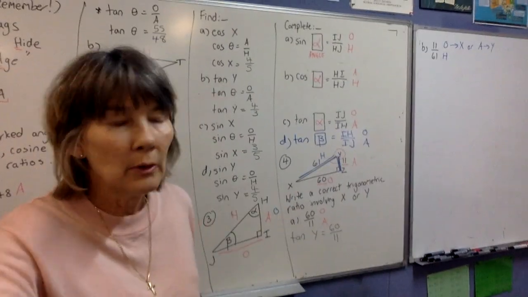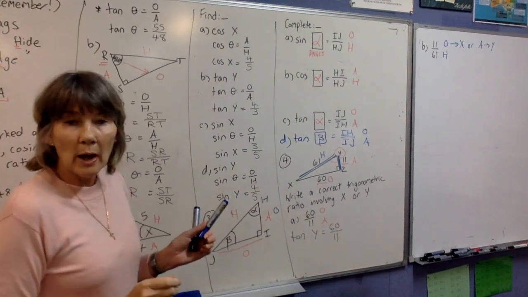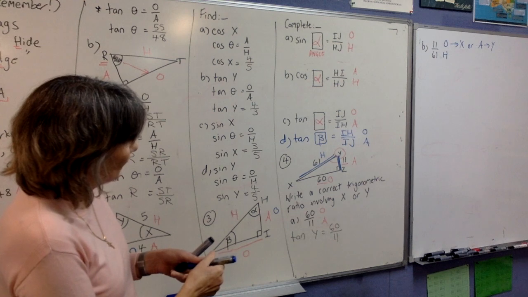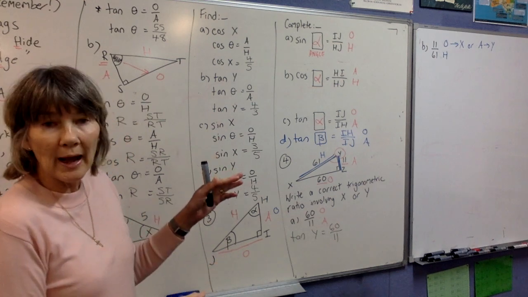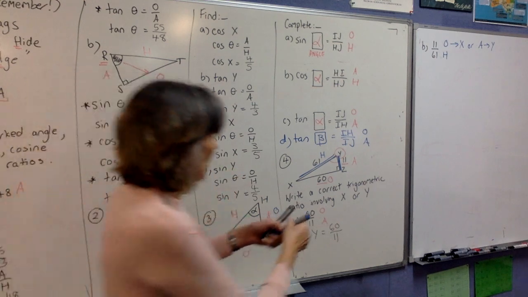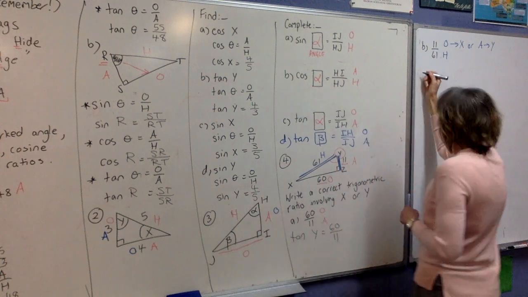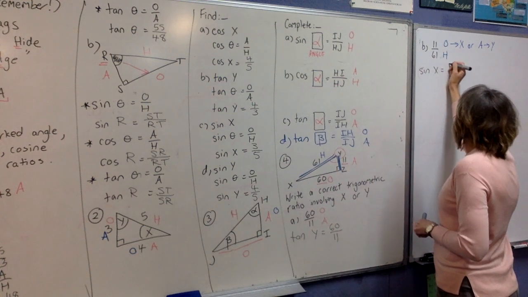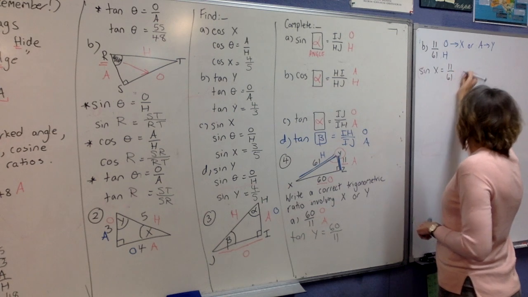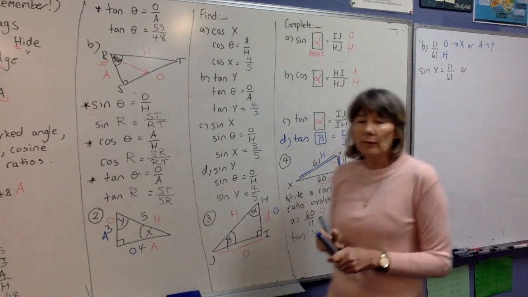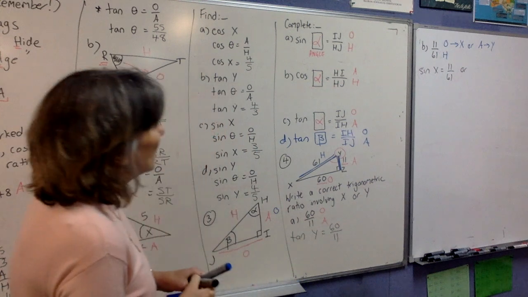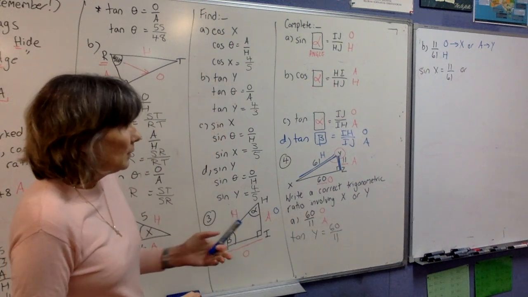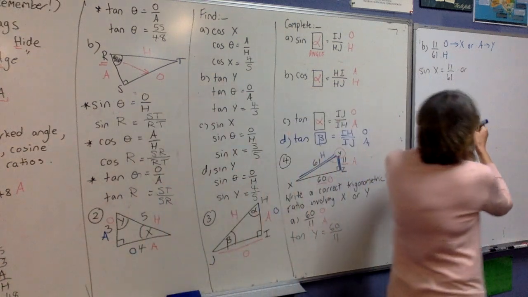Okay, so we can write this two different ways. We can look at the O over H and say, well, I know that's sine. And I can write sine x equals 11 over 61. Or, if I look at the 11 being the adjacent side for the y, well, that would be A over H, right?